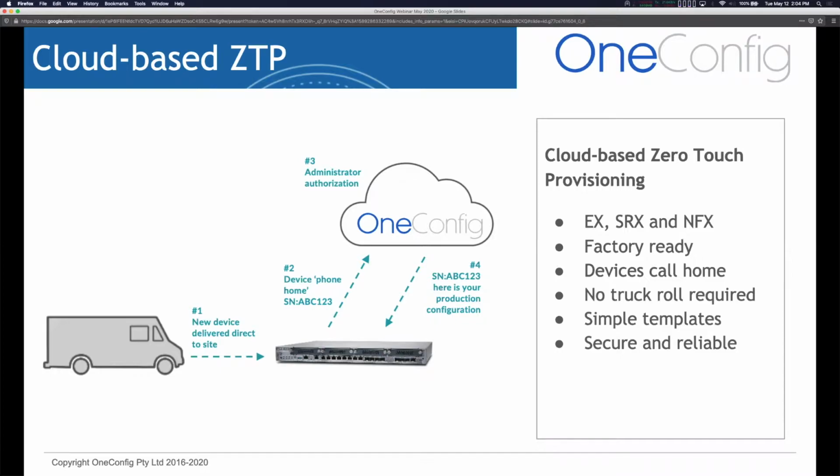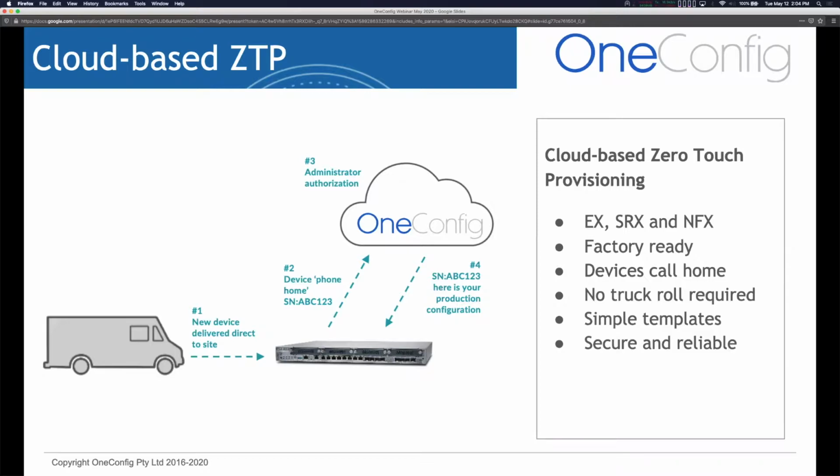There's a 4G LTE card that you can put into the devices, and they can do the same cloud-based ZTP through that LTE connection. This is supported also on the EX line and the NFX line. EX switches now shipping from the factory will automatically phone home and connect up. This is on newer devices, so the legacy device types would not work on that, but all the new switches and all the new SRXs work very well on those.